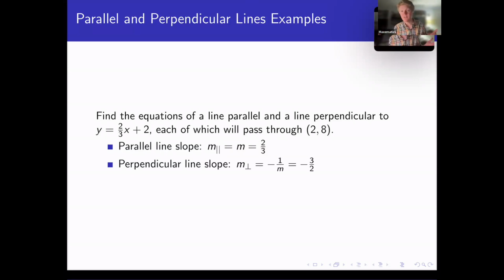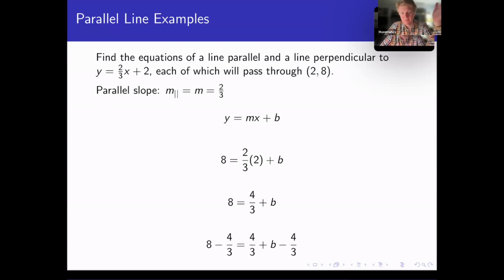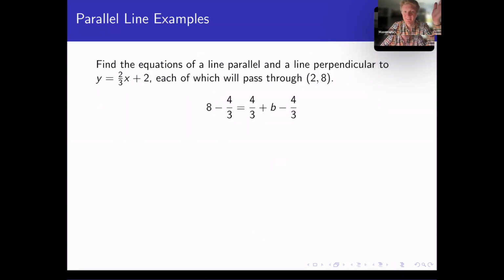Well, now this question is just like any other question that we've dealt with in the past. Here, we have a slope, we have a point. All we're going to do is y equals mx plus b. We have m is 2/3, x and y come from 2 and 8. All right, 2/3 times 2 is 4/3. Subtract 4/3 on both sides.